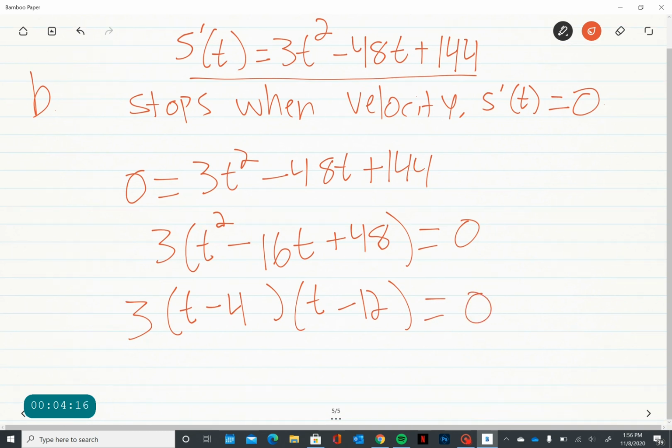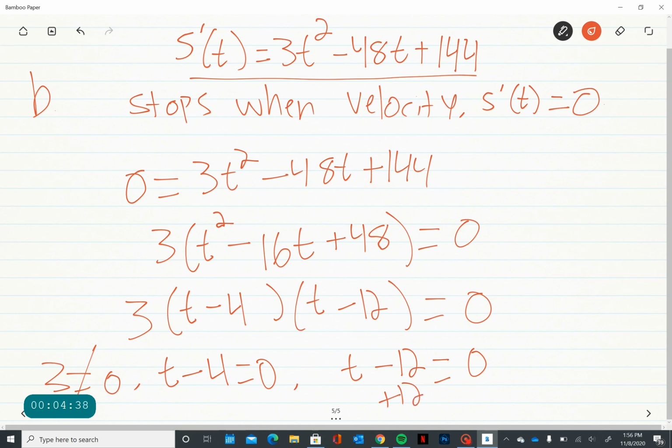Now we can set each one of these equal to 0. So 3 equals 0, and that's not true. t minus 4 equals 0, and t minus 12 equals 0.